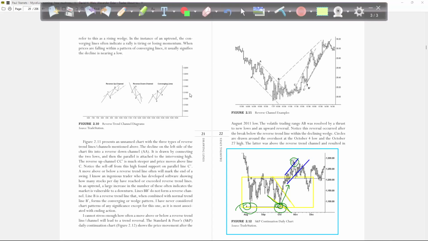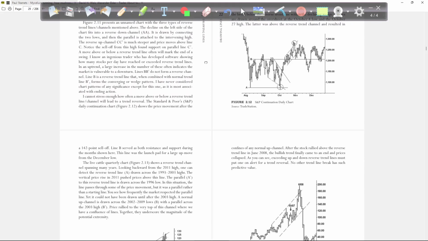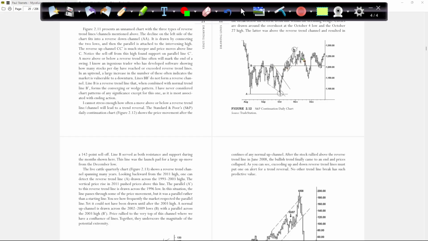The latter was about the reverse trend channel and resulted in a 142 point sell off. Line B served as both resistance and support during the months shown here.